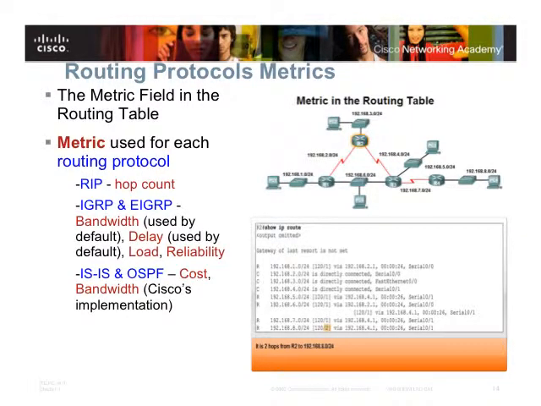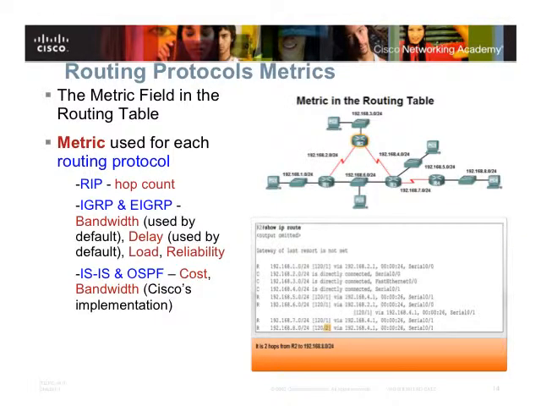The load and the reliability depend on real-time information, right? So they depend on the current situation on the link, whether there are traffic jams, whether there were some failures in the past or no failures at all. Based on that, I may update the load and the reliability in real time.